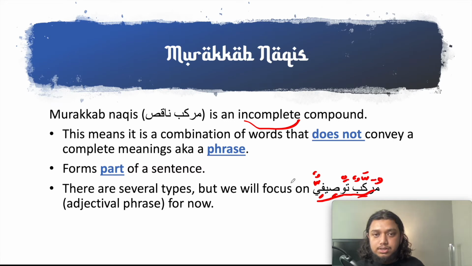So as we've mentioned, murakkab tamm is a complete compound. It's a combination of words that conveys a complete meaning, so it is a sentence. Murakkab naqis is a combination of words that does not convey a complete meaning. So in other words, it's a phrase or a part of a sentence.